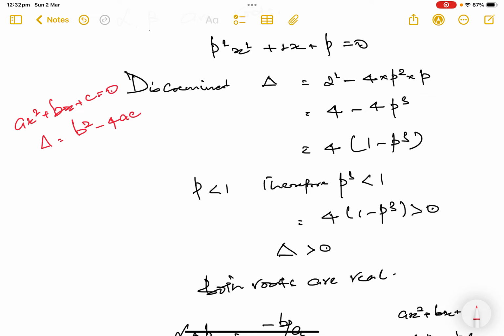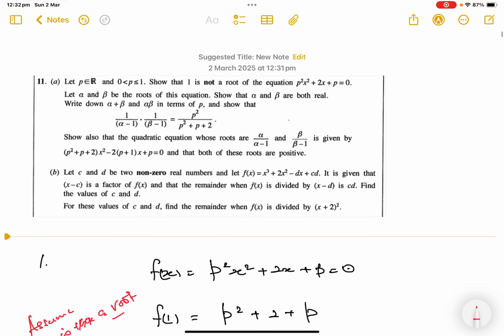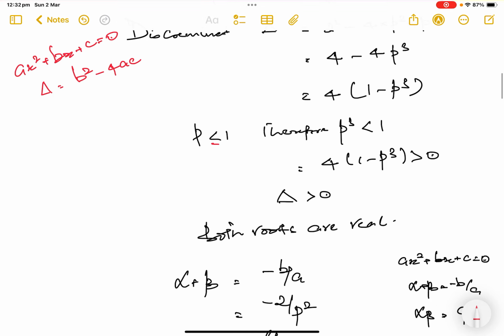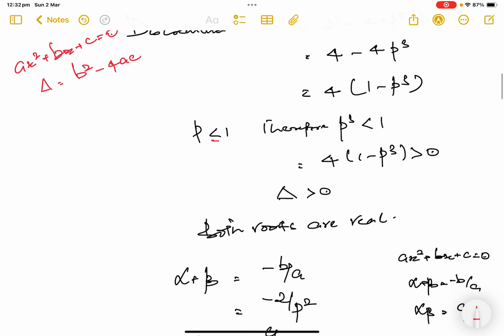Therefore p cubed is less than or equal to 1. If it's 1, then it's 1, so less than or equal to 1.